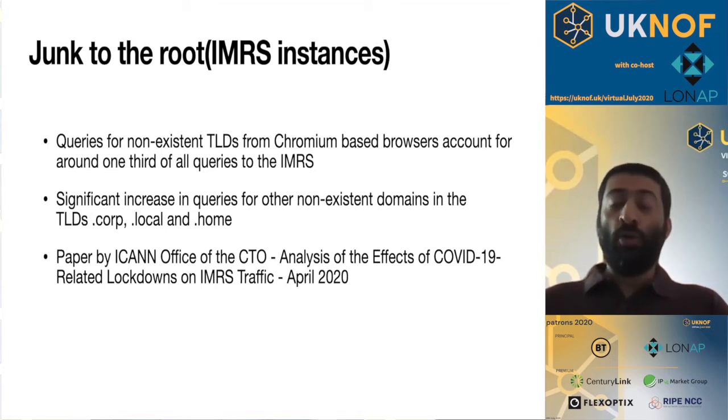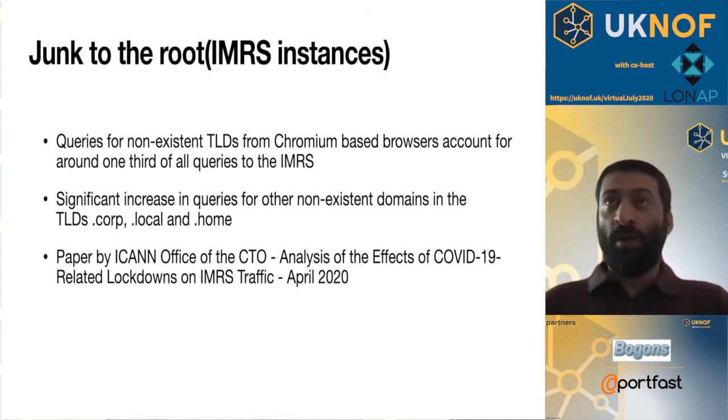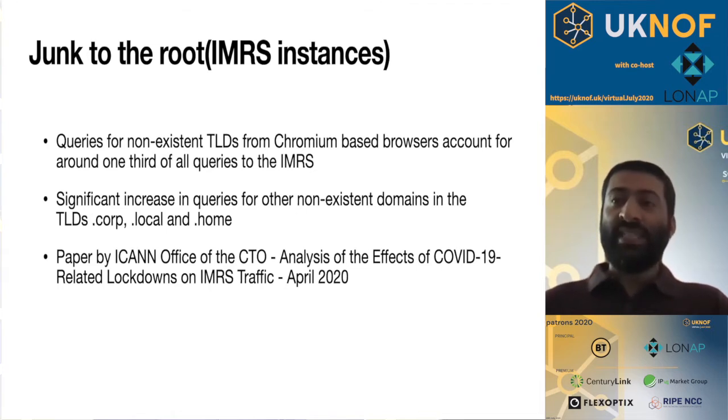Chromium-based browsers, apologies, Chromium-based browsers ideally consumed roughly 1/3 of the volume of junk traffic to the root. For people who might not know, Chromium-based browsers send a random string, which is 7 to 15 characters, each time on startup.